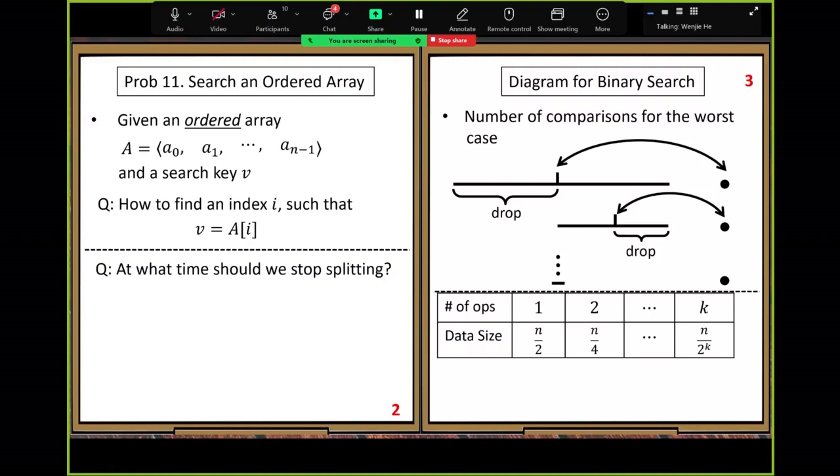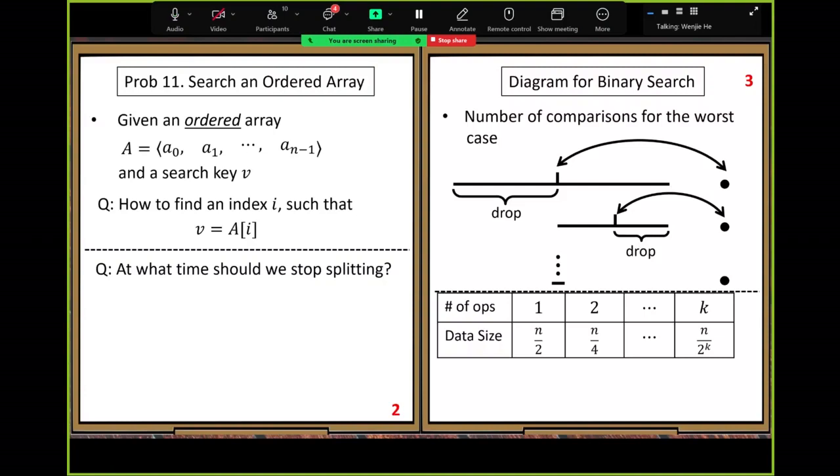Think about after the last split: if the existing subarray has only one element, then no further split is needed. With only one element, you cannot make another split.